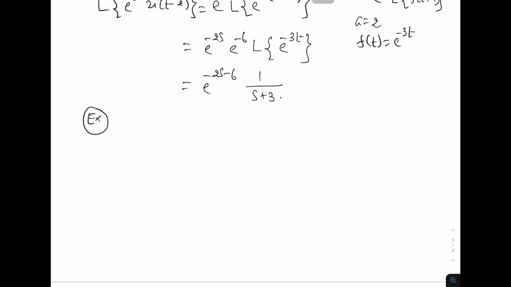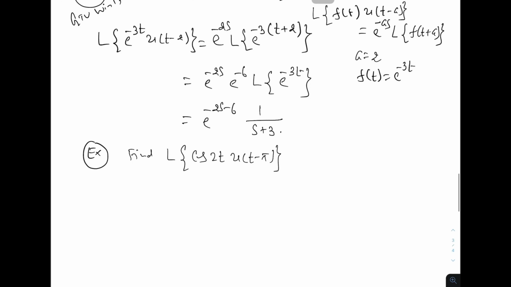Now find Laplace transformation of cosine 2t u of t minus pi. Now same result here.